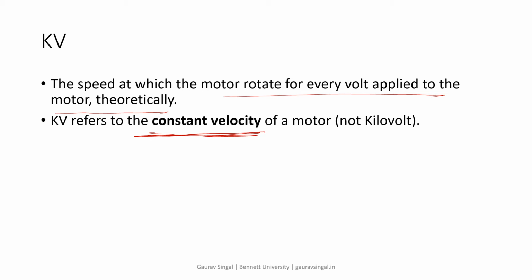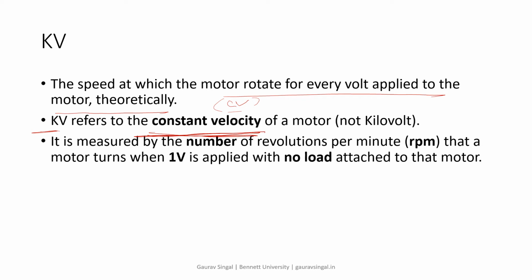It depends on the application and the purpose. Constant velocity is not an acronym of kV. It's basically CV, but we call it kV. So don't confuse kV with kilowatt. kV refers to constant velocity.